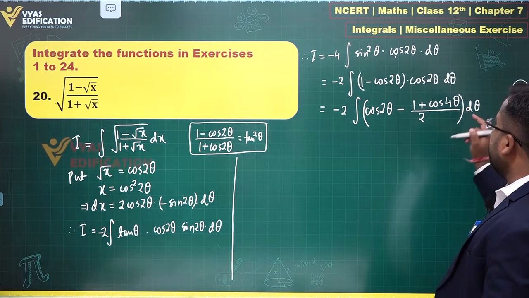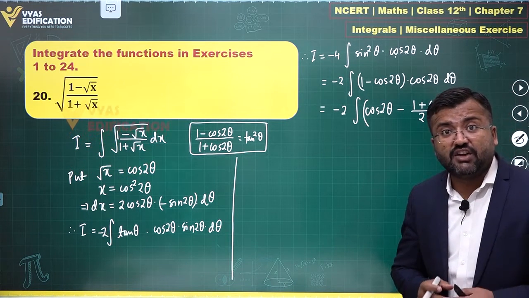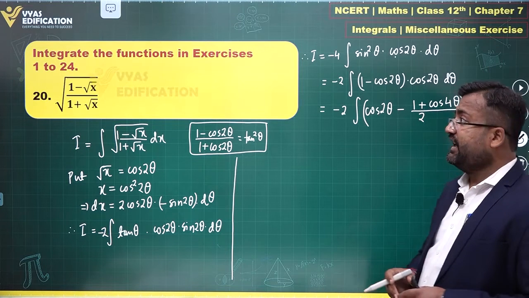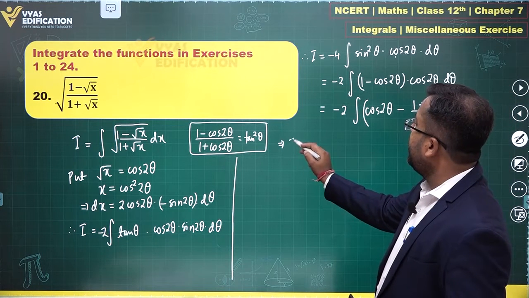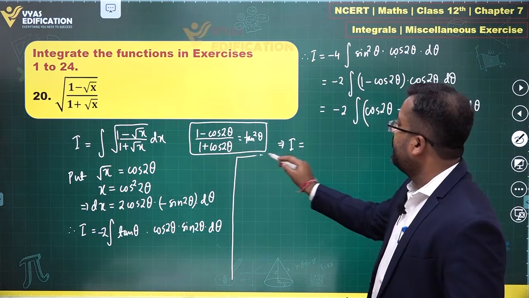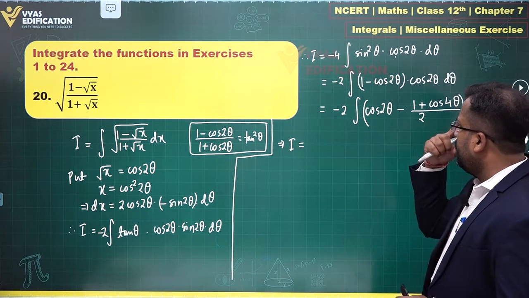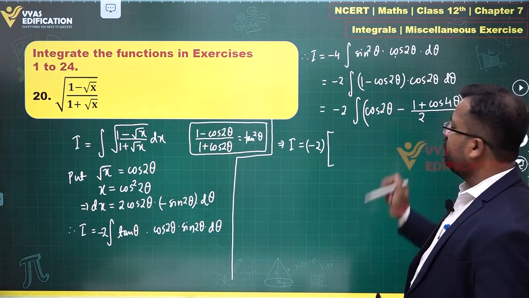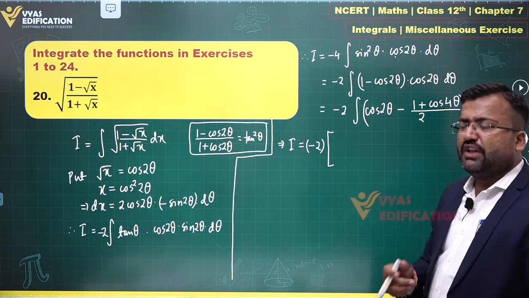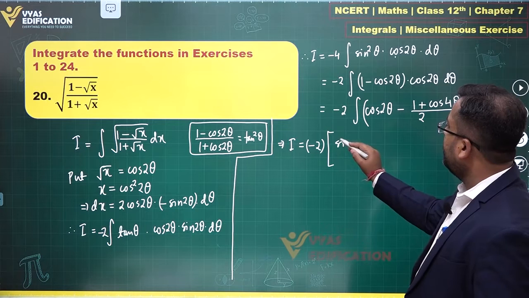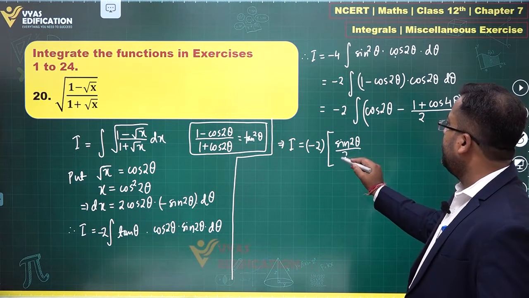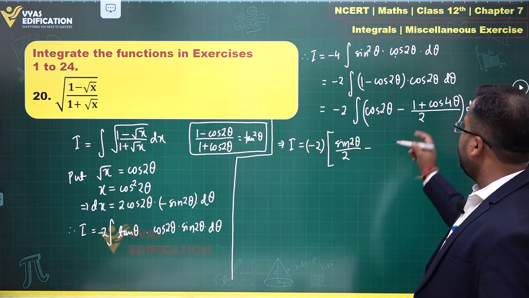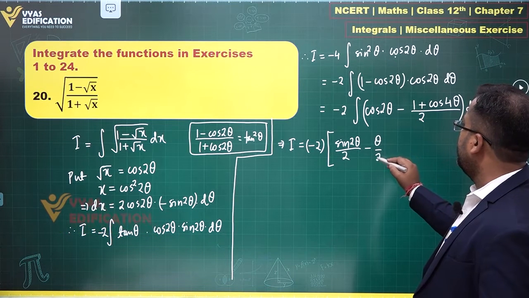And now this integrand has been converted into a form which can be integrated, which gives me I is equal to minus 2 remains as it is. In the bracket you have cos 2 theta. The integral of cos 2 theta will be sin 2 theta by 2. You have minus 1 by 2, which is theta by 2.